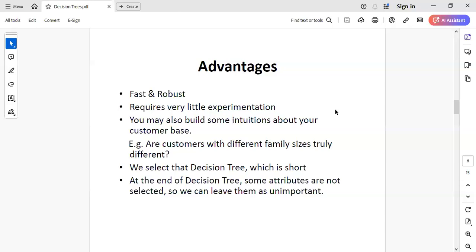Second, it requires very little experimentation. Suppose we have outliers within the data. We have gone through the pre-processing phase in the CRISP-DM process. We said that when we have some outliers or missing values, we have to remove them, else the model will not give an accurate result. But when we deal with a decision tree, even if we have outliers within the data, it will handle those outliers.